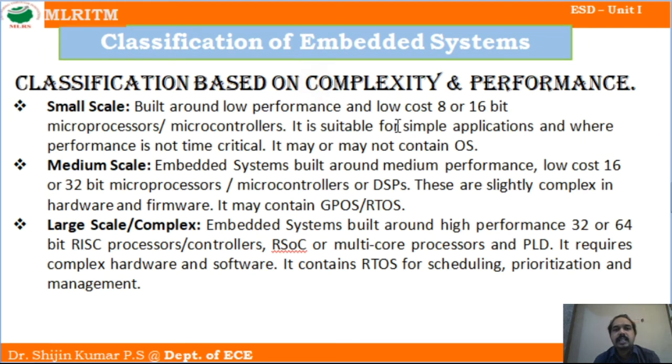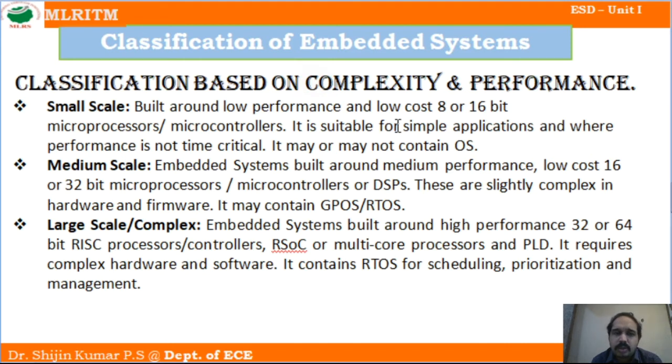Next is classification based on complexity and performance. Complexity and performance, in the sense of how big and how complex these embedded systems are. First we have a small scale embedded system. So what is a small scale embedded system?